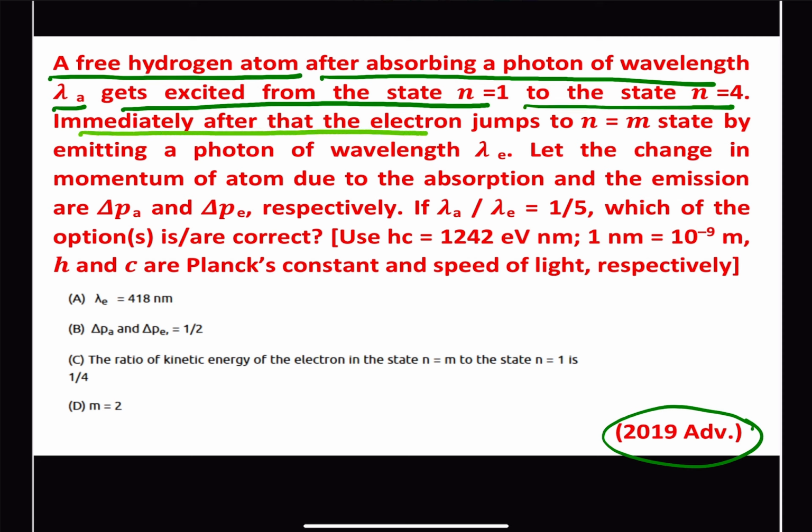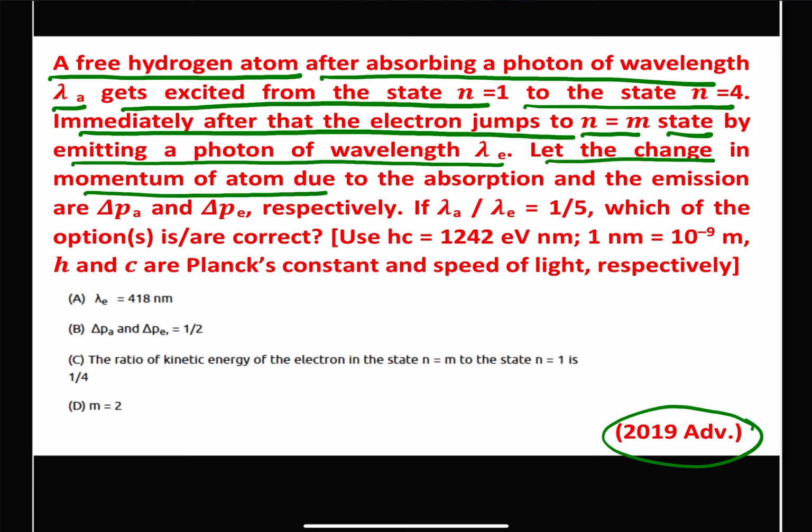Immediately after, the electron jumps to n is equal to m state by emitting a photon of wavelength lambda E. Let the change in the momentum of the atom due to the absorption and the emission be delta PA and delta PE respectively. If lambda A upon lambda E is 1 upon 5, which of the options is or are correct?